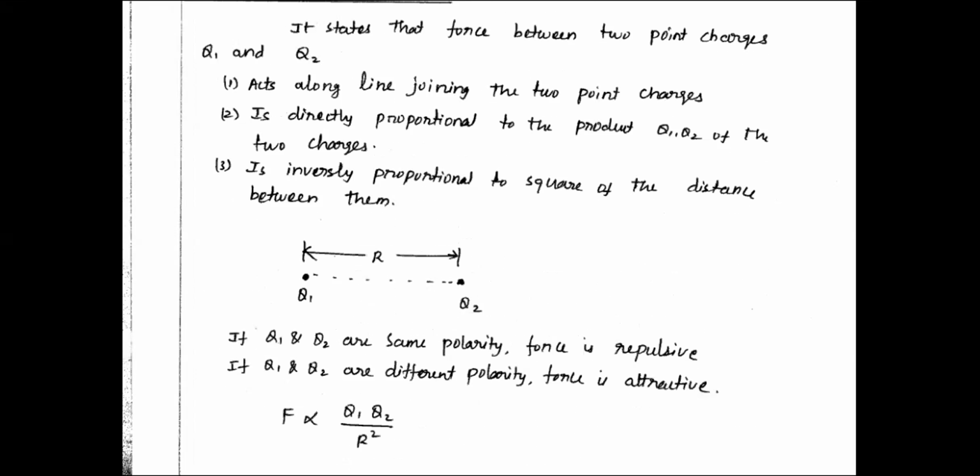What we have taken: there are two charges. Distance between the charges is r. Then the force between the charges will be proportional to q1 q2 divided by r square. Okay, then what happens next?